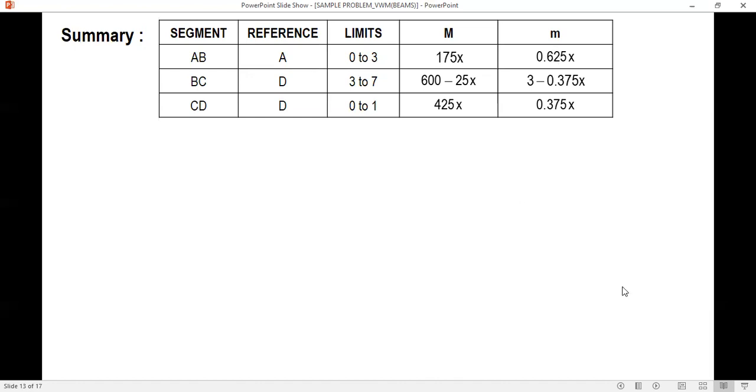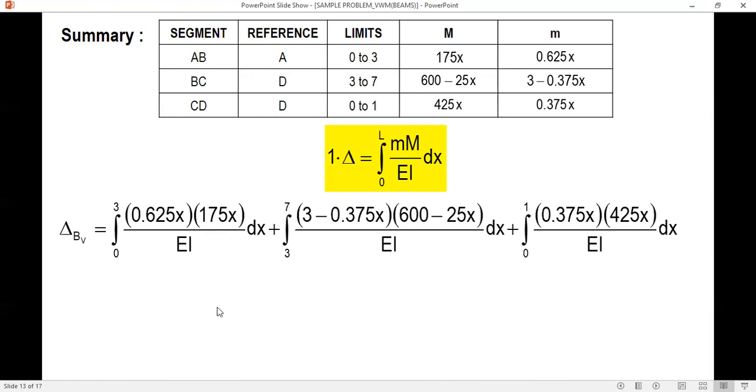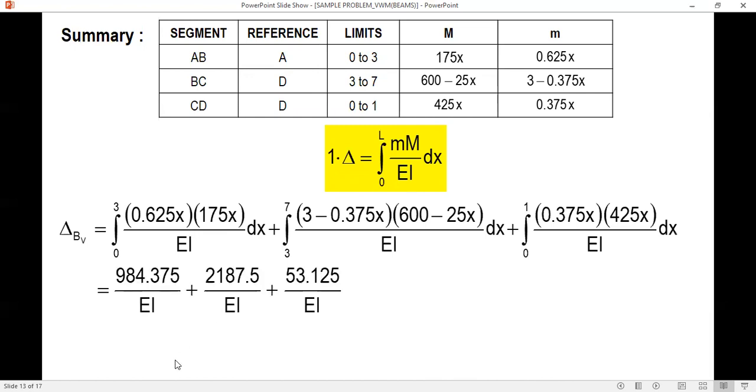So substitute the expressions. The answer is the same. Although the expression and the limits are different, the answer is the same. And the same value for deflection, 3225 over EI, same as in the first solution.